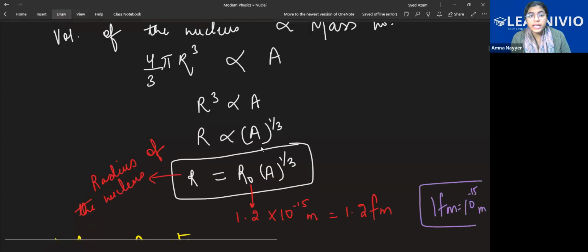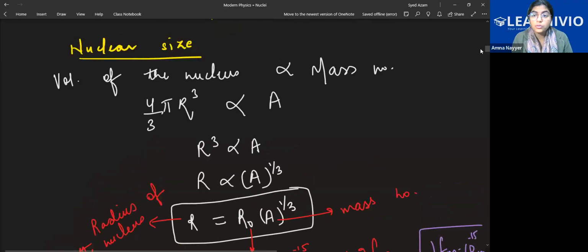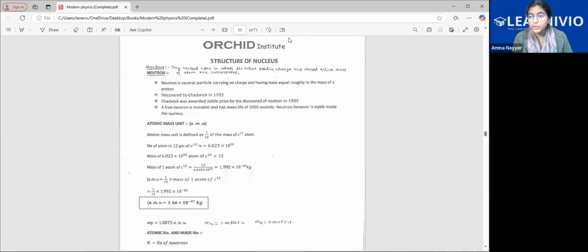Coming to A, it is the mass number. Now, coming to your notes, the notes that I have sent, I have told all of you to take the printout, so that it will be easier for you to remember. Let us discuss a few things before we come to the density part.